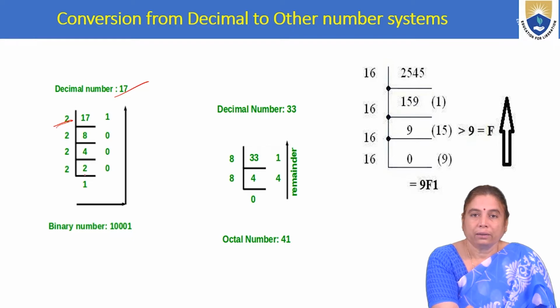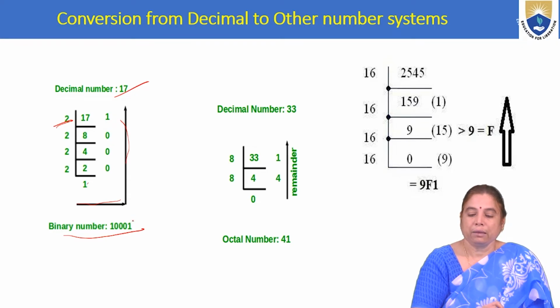The division is performed until the number is no longer divisible, and the remainders are written from bottom to top, which gives the binary number. So 10001 is the binary number.